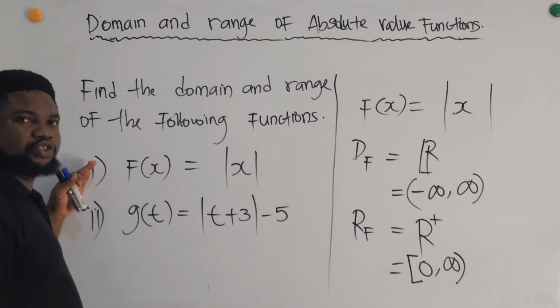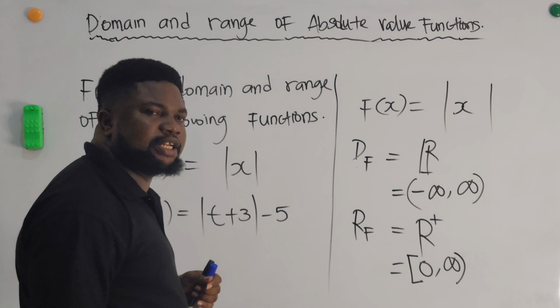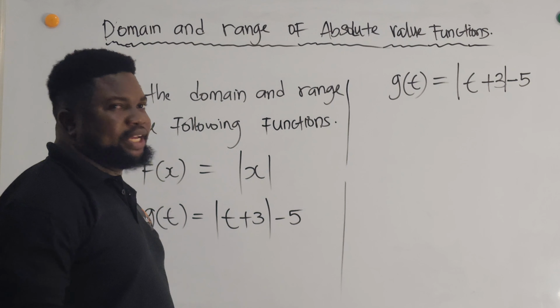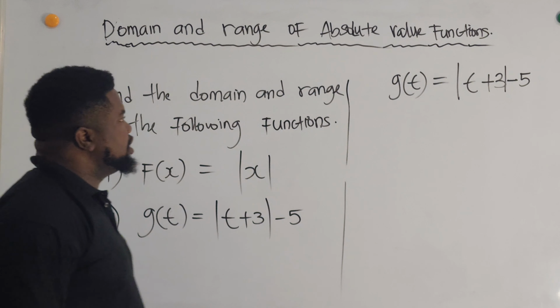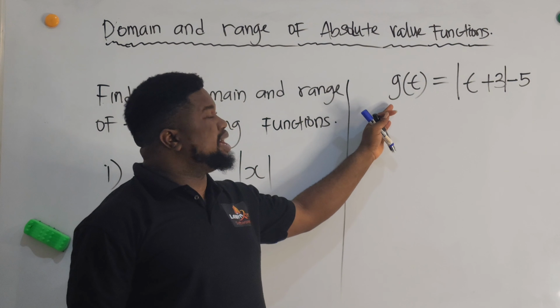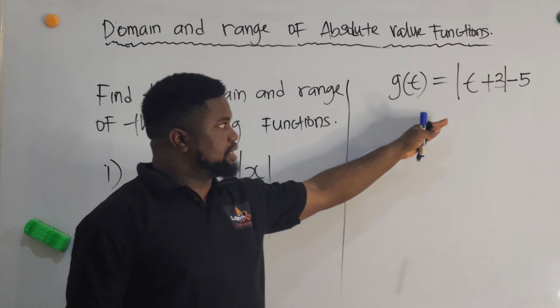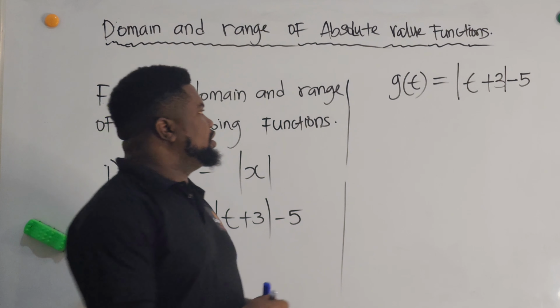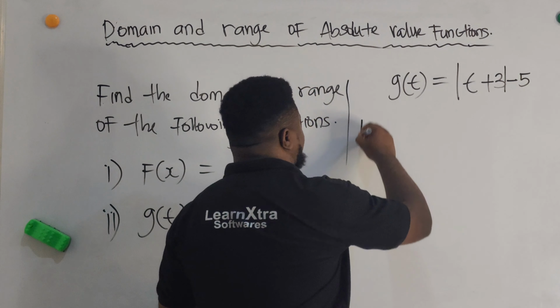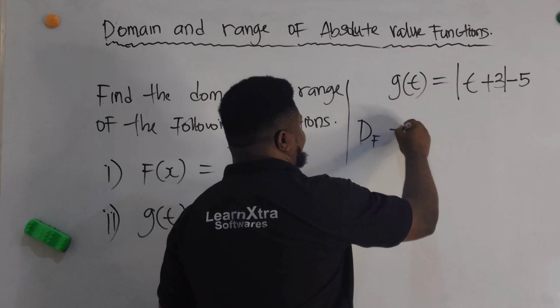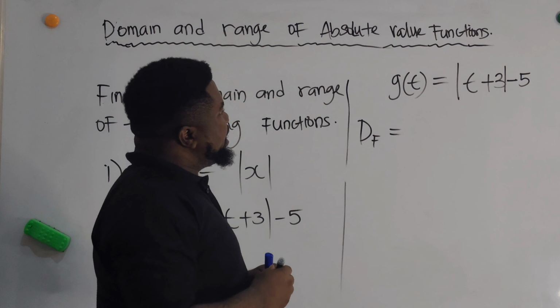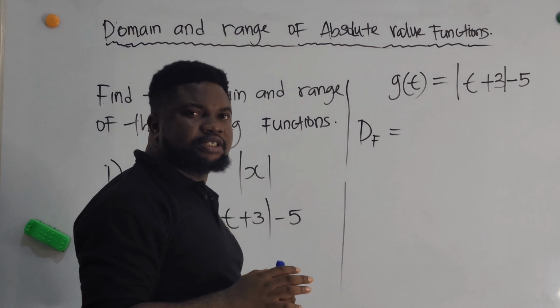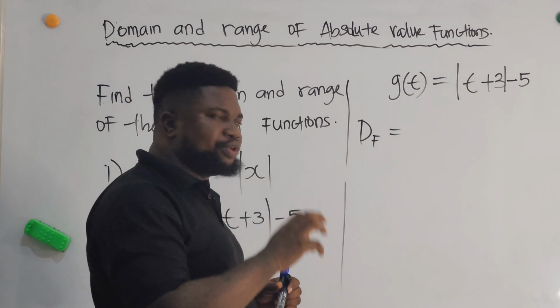Question 2. So quickly, let's solve number 2. g of t is equal to absolute value of t plus 3, minus 5. First, let's find our domain, dom f. Dom f is checking the possible inputs.